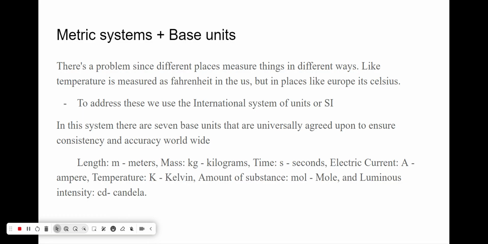So the 7 base units are length, represented by m for meters, mass, represented by kg for kilograms, time, represented by s for seconds, electric current, represented by A for ampere, temperature, represented by K for Kelvin, amount of substance, represented by mole for mole, and luminous intensity, represented by cd for candela.